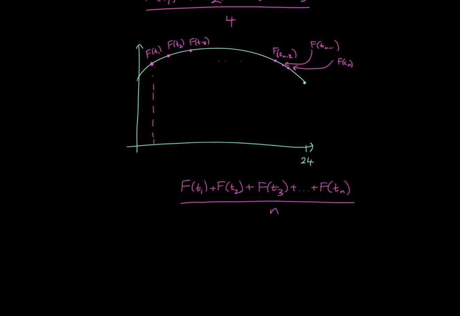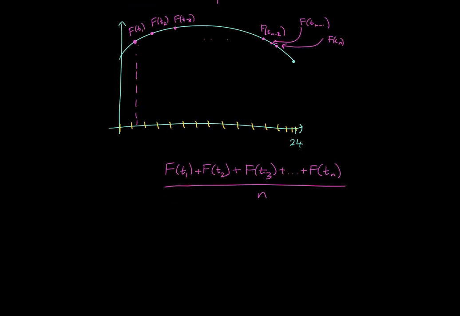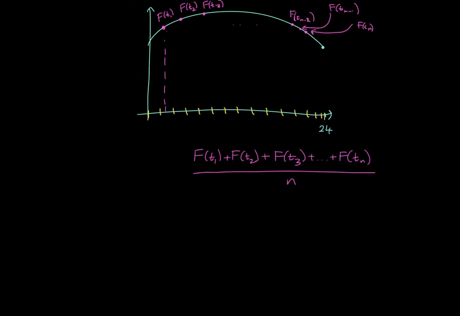Okay, but here's the idea. What I could also do, in a similar way with integrals, is slice this interval into n equal pieces, and that would be 24 minus 0 all divided by n, and that will count as my delta x.